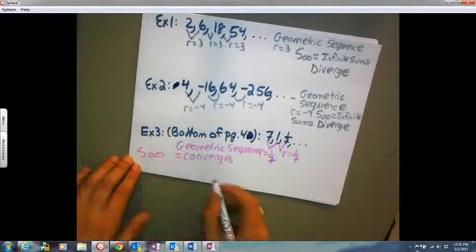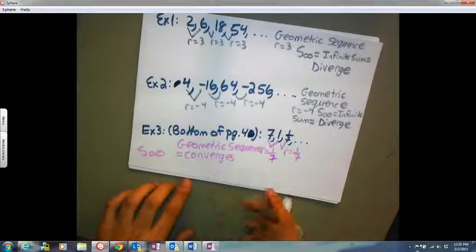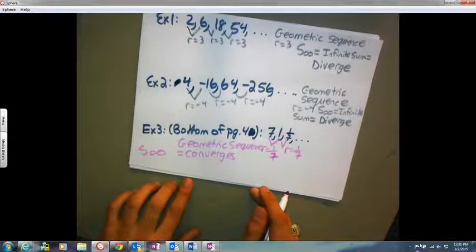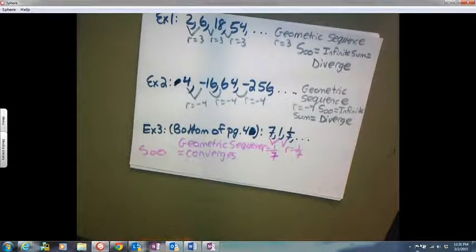So before we ask the final question, which is what does this converge to, let's ask ourselves why, or what the rule is for geometric sequences about converging and diverging. What is the rule? How do we know when a geometric sequence will converge or diverge? Anthony?